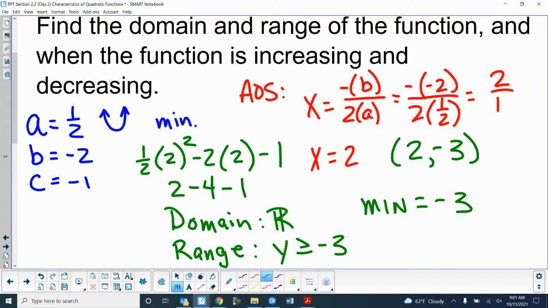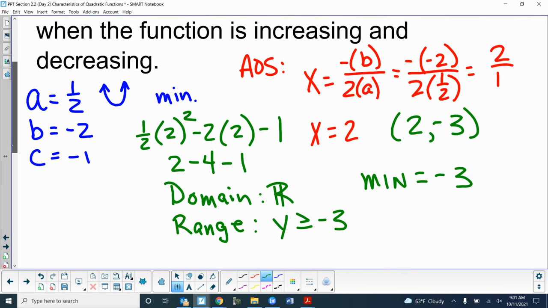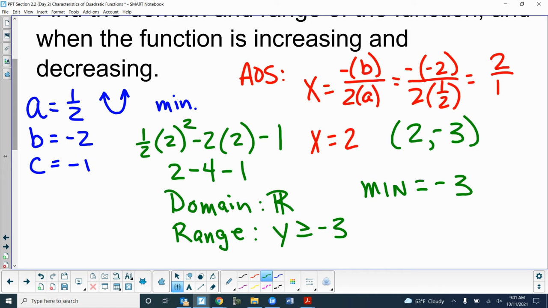We also have to do increasing and decreasing. Okay, so what kind of parabola, up or down? Up. All right, so if I do a little sketch, (2, -3) is going to be down here somewhere, right? All right, so here's our vertex.